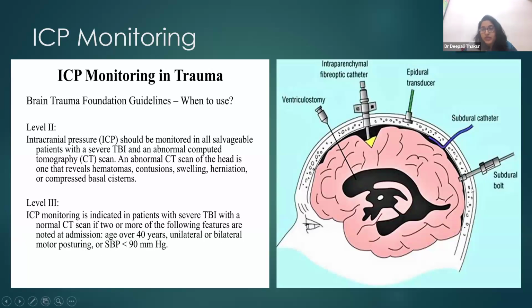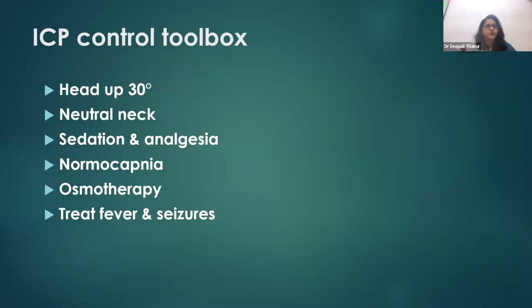These are the different modalities by which we can monitor it: subdural bolt, subdural catheter, epidural transducer, intraparenchymal fiber optic catheters, and ventriculostomy. By having a ventriculostomy, you can drain the CSF, so it can work not only as a diagnostic tool but also as a therapeutic tool.